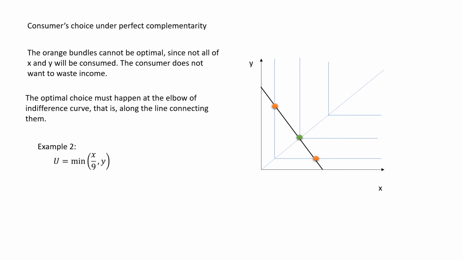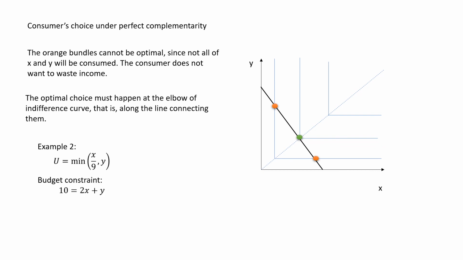Let's take the second example again, the problem of making bronze. We already know that the utility function is a minimum function which takes the value of the minimum of either x over 9 or y.